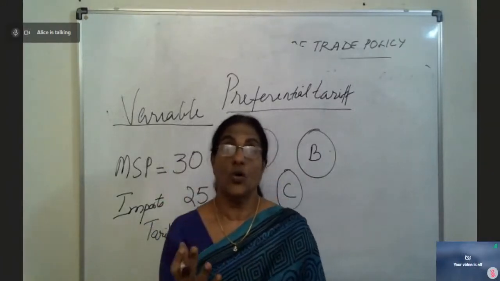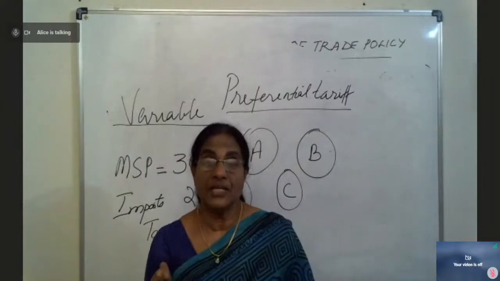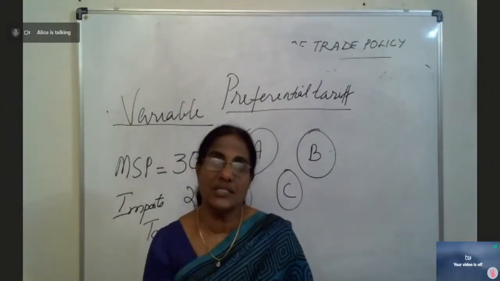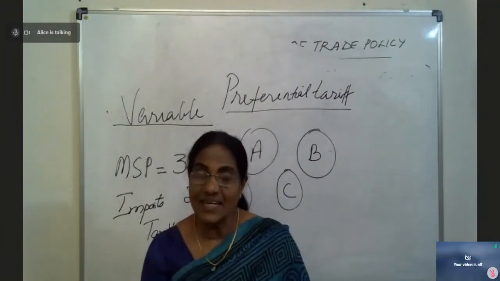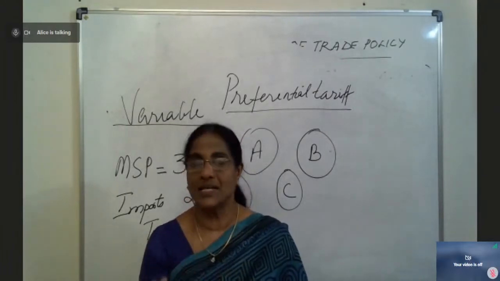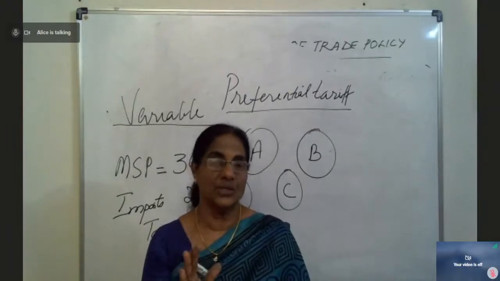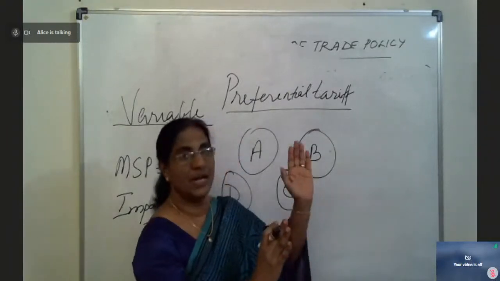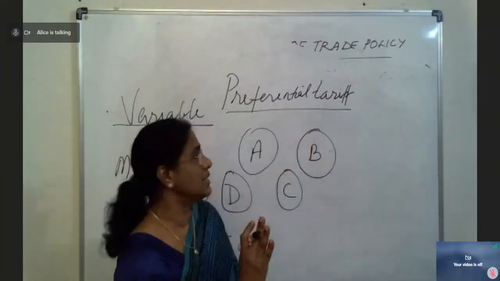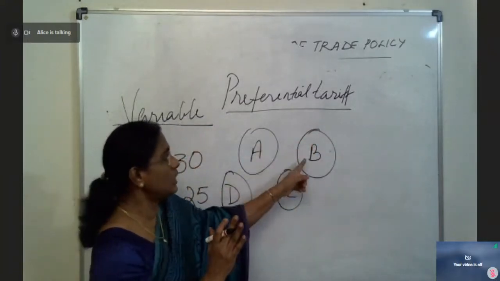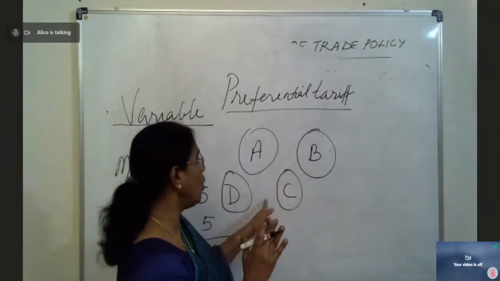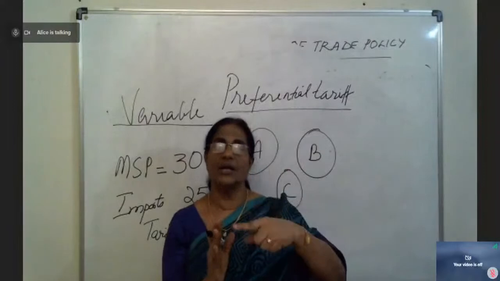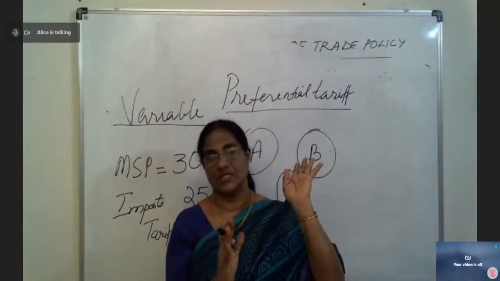So, the MFN principle is every country gets the lowest tariff that any country gets. I'll repeat, every country should get the lowest tariff that any country is getting. Say, for example, I give a very low tariff to B, then all the other 164 countries should be given this lowest tariff.